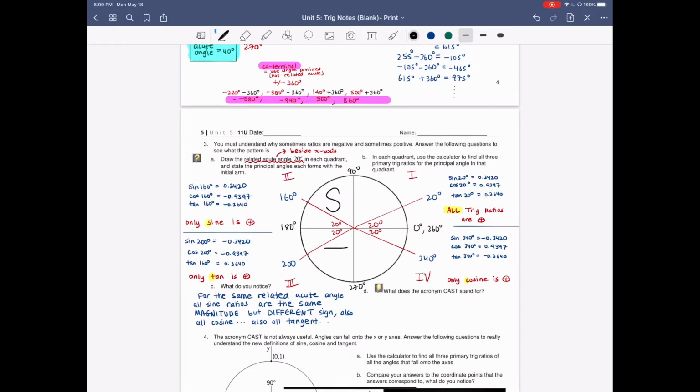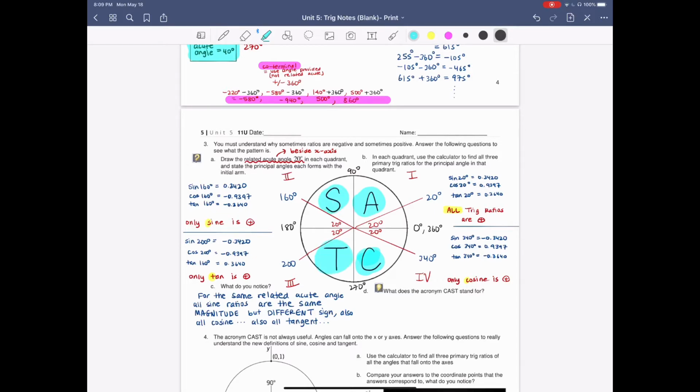We have T, tangent, that is positive for quadrant 3. And for quadrant 1, all of them are positive. While for cosine, cosine is positive for quadrant 4. So keep in mind, the 20 degrees was a random selection of an angle.